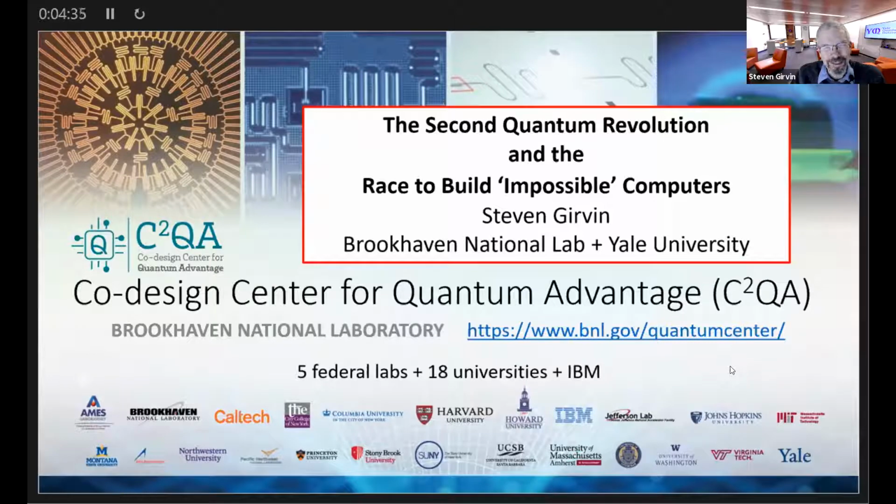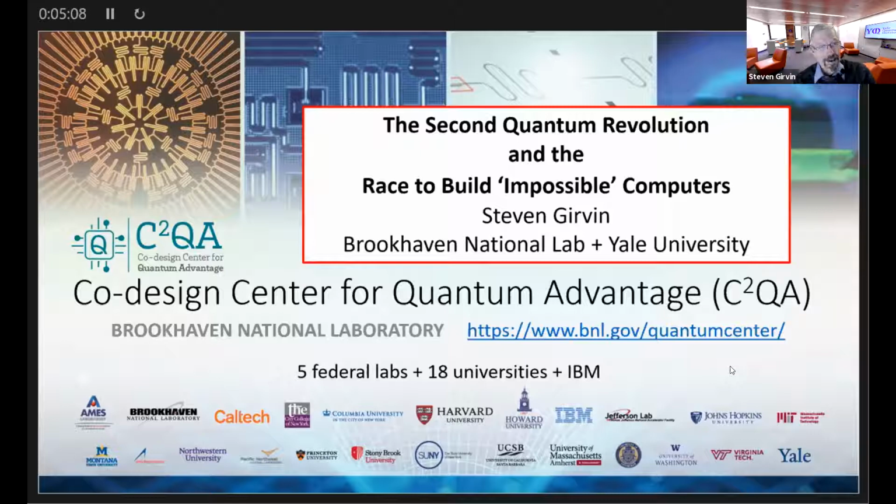So as mentioned, in addition to being a physics professor at Yale, I've recently temporarily taken a half-time appointment at Brookhaven National Laboratory, which is just across Long Island Sound. From here, you can get there on the ferry from Bridgeport. And I'm running one of the 5 national quantum information science research centers that were recently funded by the Department of Energy as part of the US National Quantum Initiative.